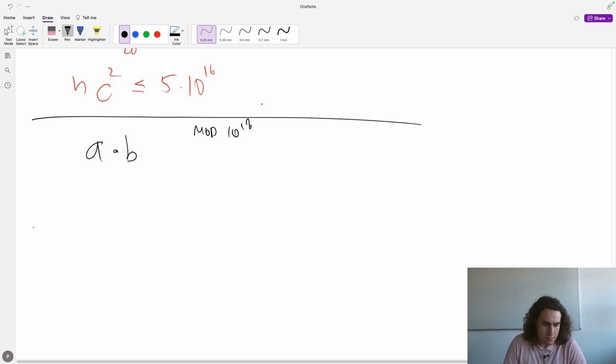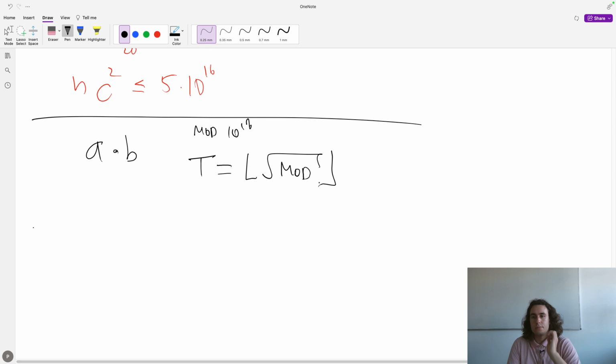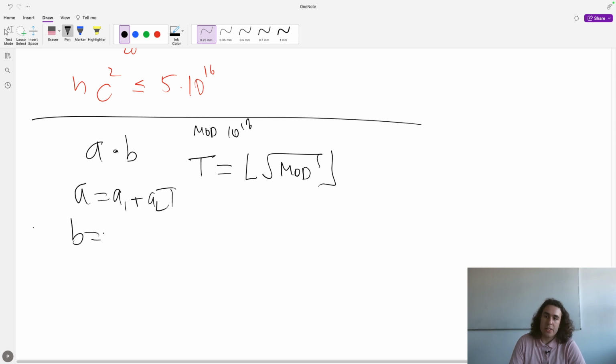How would you do that? Let's just consider t to be square root of mod, round it down. And then we can express all the values as a is equal to a1 plus a2 t, and b is equal to b1 plus b2 t, where a1 is just a mod t and a2 is a over t.